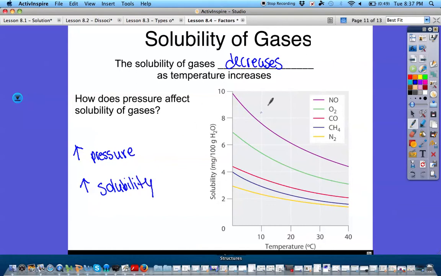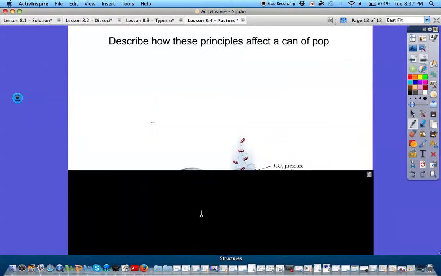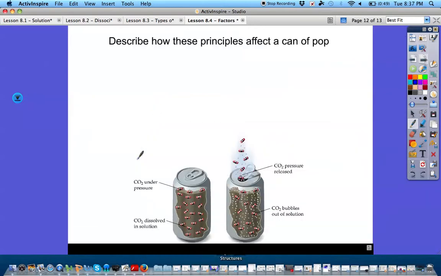So let's apply this to a can of soda. So here's our can of soda. It's sealed, so it's under pressure. The CO2 is dissolved into solution because you just took it out of the fridge, so it's at a colder temperature. Now your can of soda is out of the fridge, so you're going to open it to take a drink.